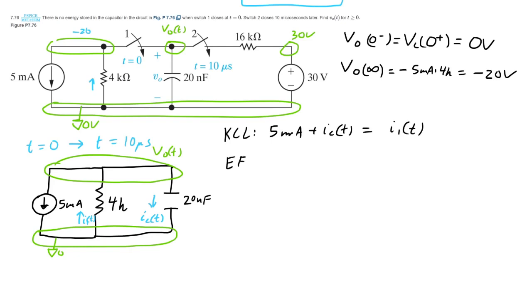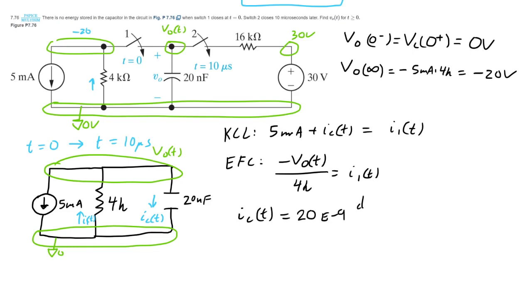Equations for components: 0 minus VOT, so negative VOT divided by 4K, is I1T. And ICT will be the capacitance times the derivative with respect to time of the voltage drop across the capacitor, which is VOT minus 0.